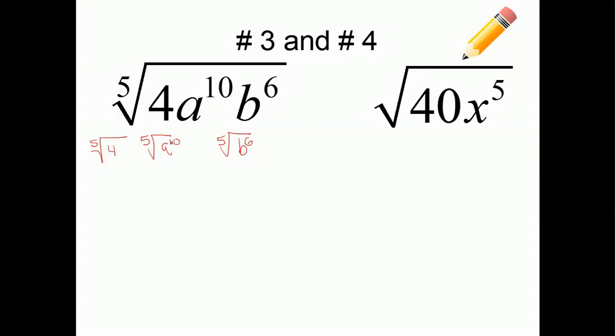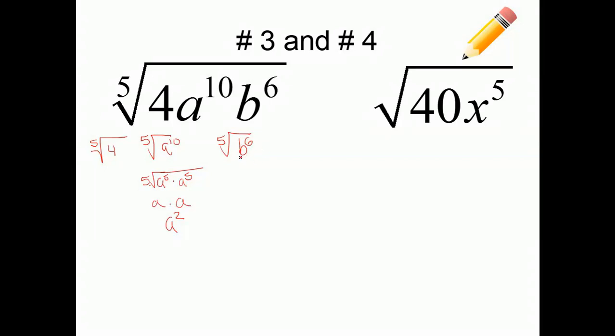A to the 10th, I can make this into a to the 5th times a to the 5th, because that's a to the 10th. Well, 5th root of a to the 5th is just a, and the 5th root of a to the 5th is just a. So I'm left with a squared, because 10 divided by 5, you can think of it that way.